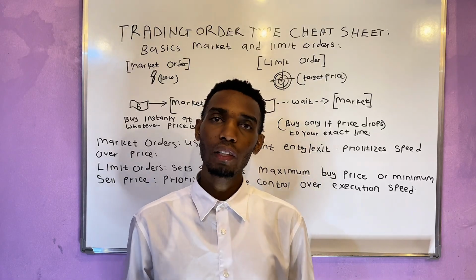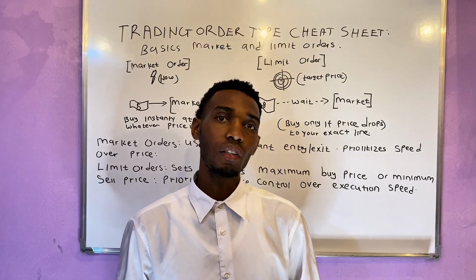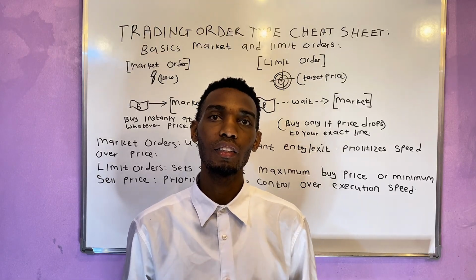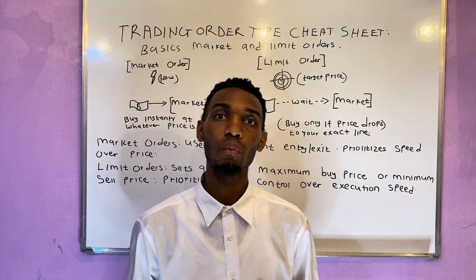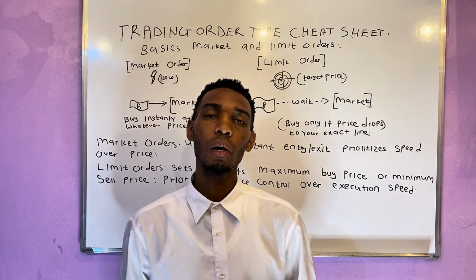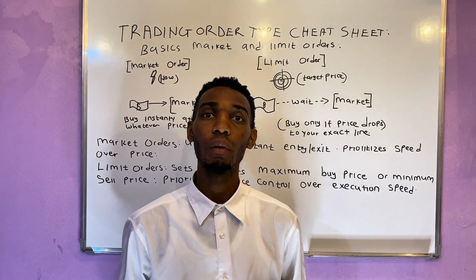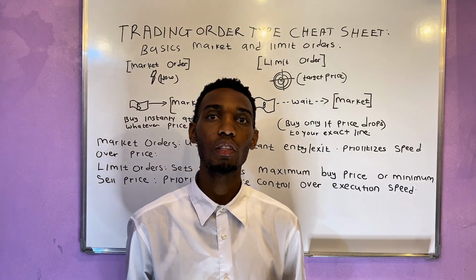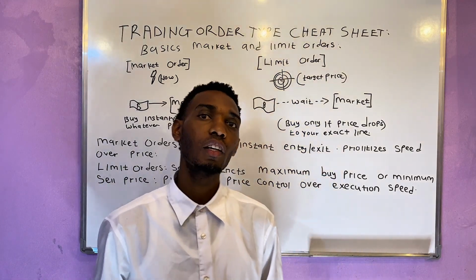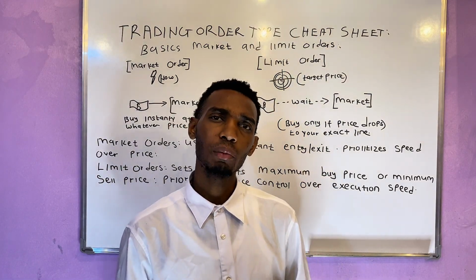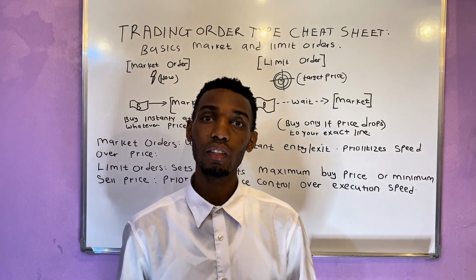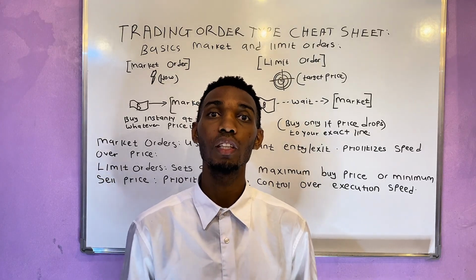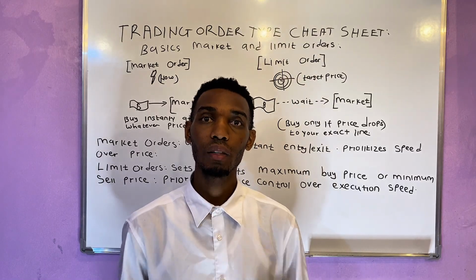A market order is like grabbing an item off the shelf and paying whatever is on the price tag right now because you need it instantly. You get it immediately, but if the price changed right before you checked out, you are stuck paying it.